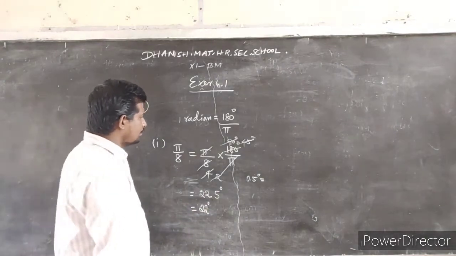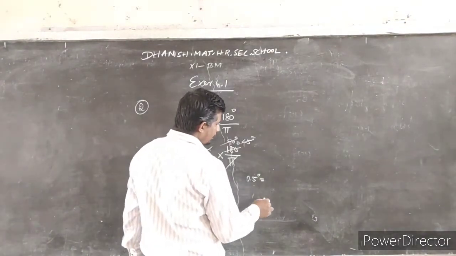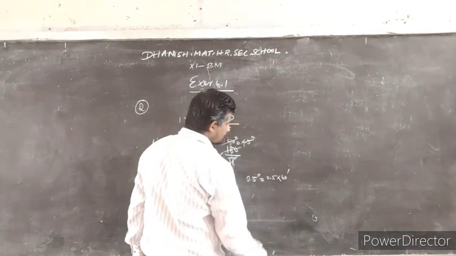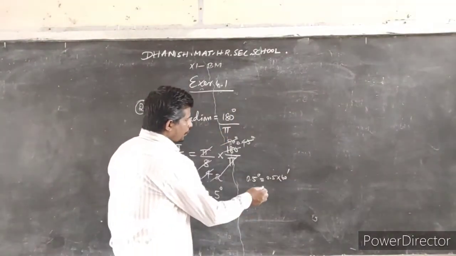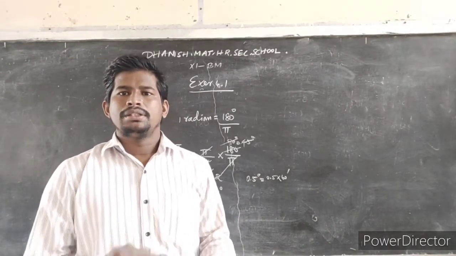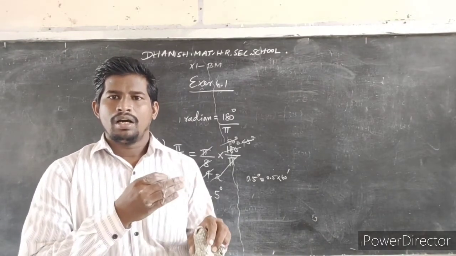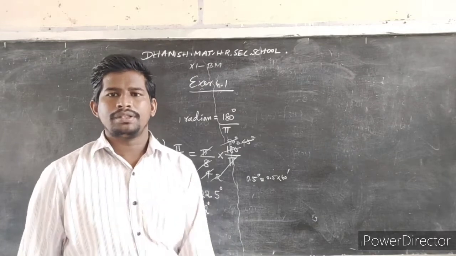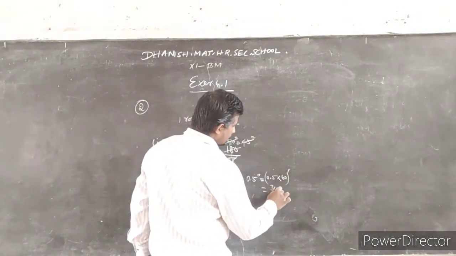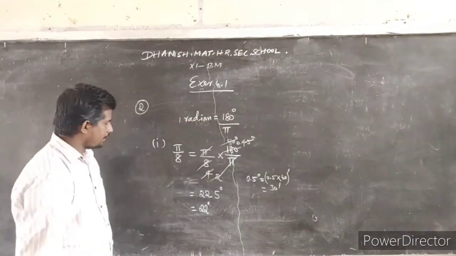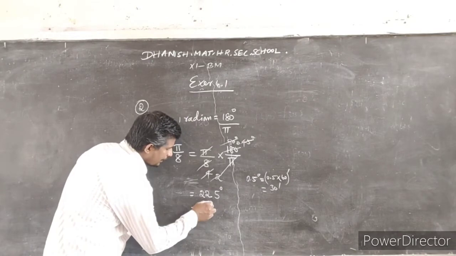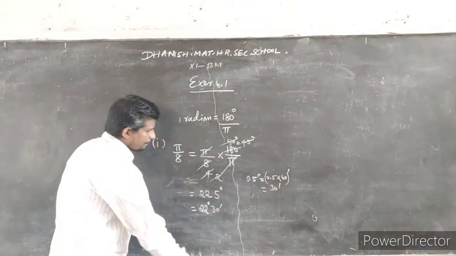So 0.5 degree equals 0.5 into 60 minute. If you want to convert degree into minute, you should multiply the given number with 60 minute. So this is 30 minute. So here our final answer is 22 degree 30 minute.